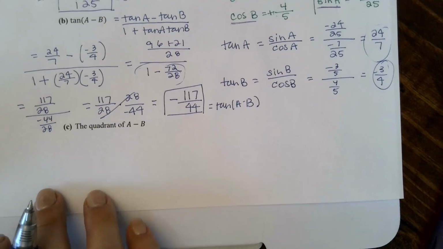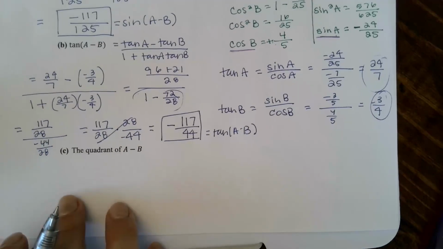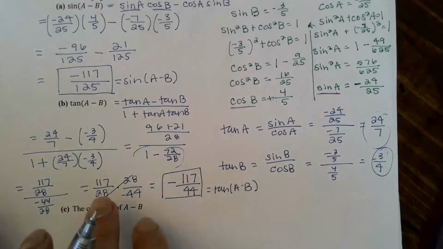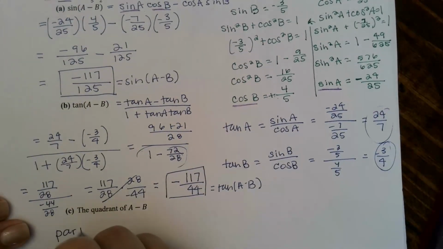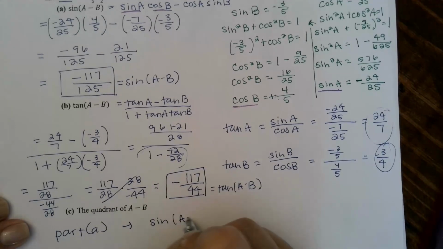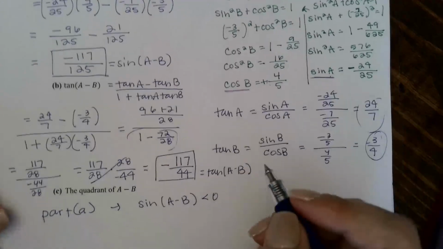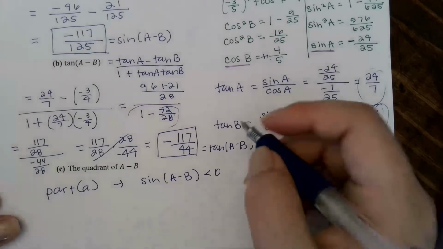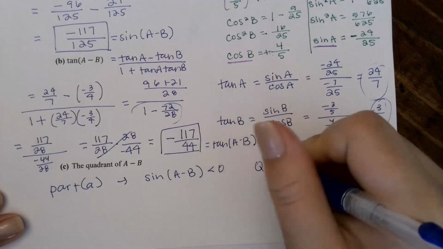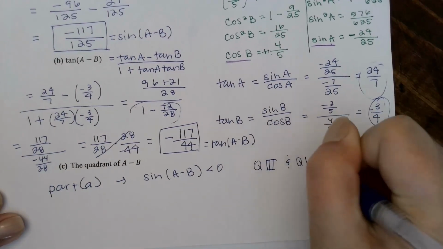The last question says, what is the quadrant of A minus B? If we look at part A, we know that sine of A minus B is negative. Sine is negative in quadrant 3 and quadrant 4.